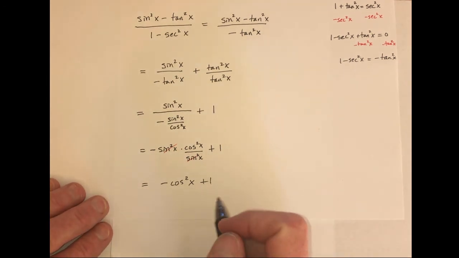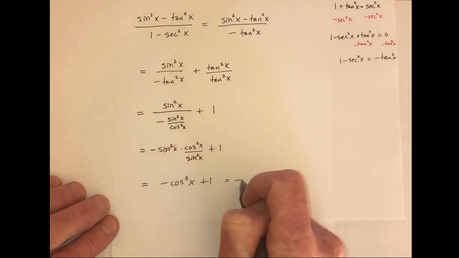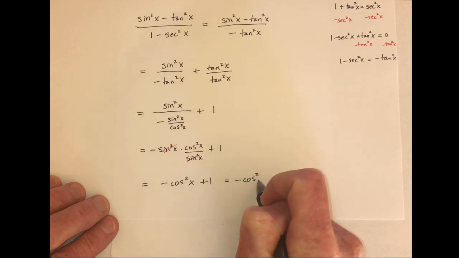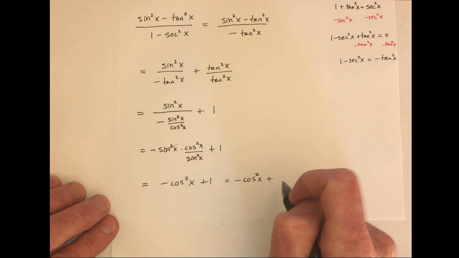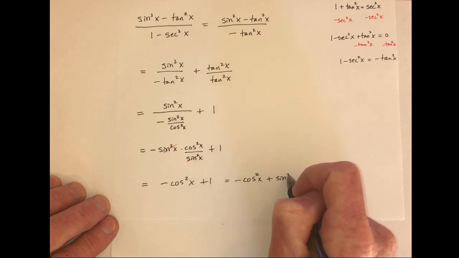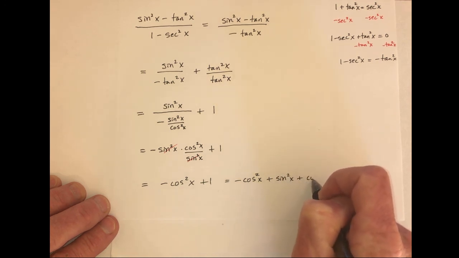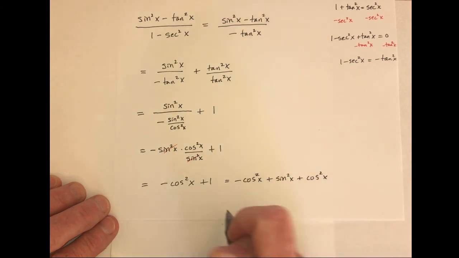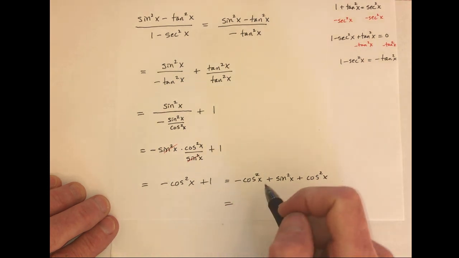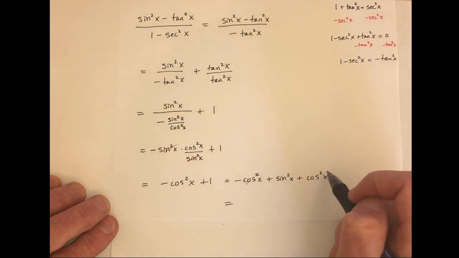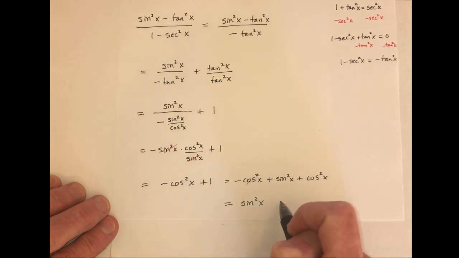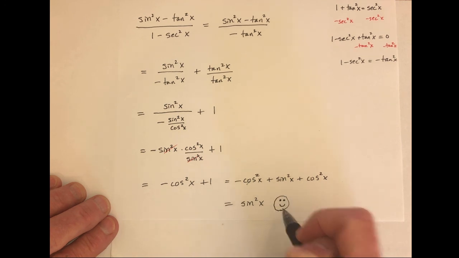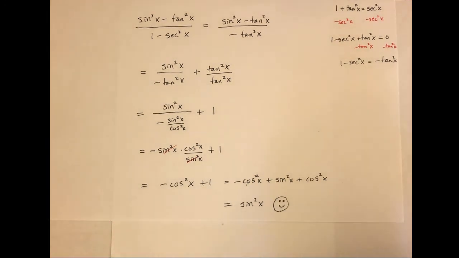So they then go, leave the negative cosine squared there, and then in place of the 1, you can replace that with sine squared plus cosine squared. And then this negative cosine squared and this positive 1 cancel, so all that's left is sine squared. And then put the official little stamp saying we are now done with this review.